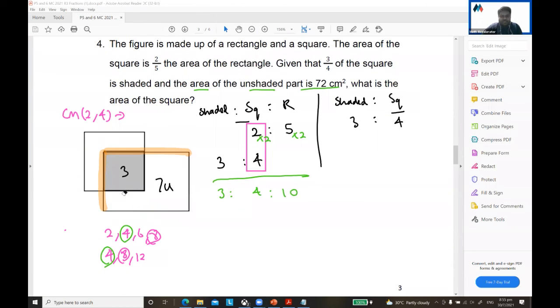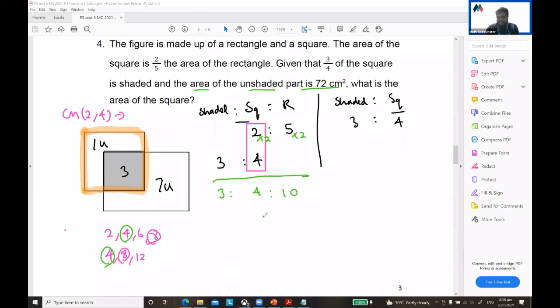So same goes for this part here now. Okay, now I'm going to erase this part here. Now I'm going to highlight the square. So the unit of the square is 4, right? So what is this part here? Can you type in chat? Yep. 1 unit. So now we see the area of the unshaded part is 72 cm squared, right? Which means what's the total units there?